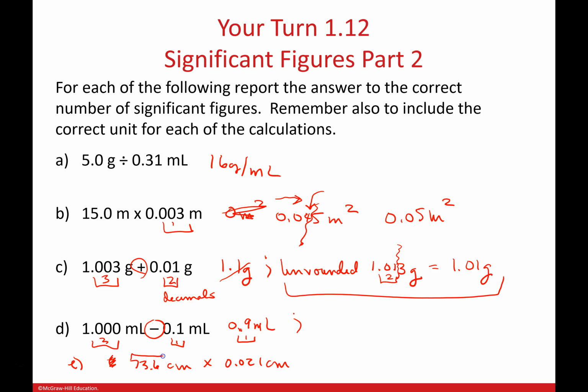So you got 3 sig figs here, and you got only 2 sig figs here. So you have to round to 2 sig figs from left to right. She got 1.5, that's what I got. And then what are the units? They are centimeters squared. Yay!